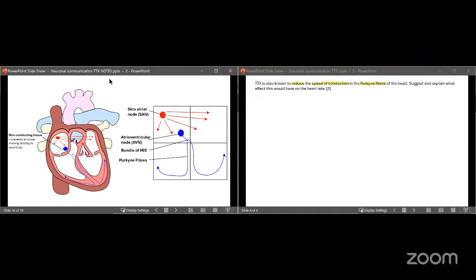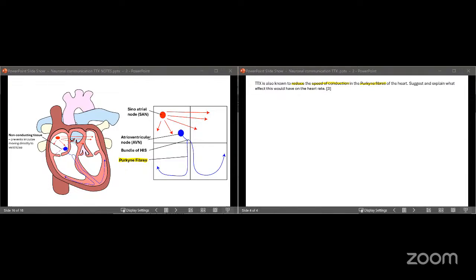Well, this question specifically tells you that you're already at the Purkinje fibers. Now, a lot of students tend to trip up because they go, oh, I'm just going to tell you everything I know about the sinoatrial node, the atrioventricular node, and so forth. But what they've already mentioned in the stem of the question that you have to read is that the TTX is known to reduce the speed of conduction in the Purkinje fibers.